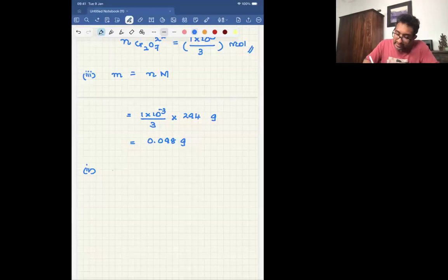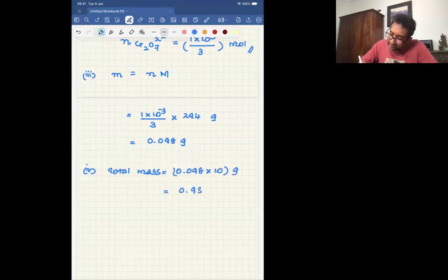What is the total mass? It is 0.098 in 25 milliliters, and for 250 milliliters, multiplied by 10, that is 0.98 grams. Then what is the mass percentage purity? 1.01 is the mass that you have taken, and 0.98 grams is there.